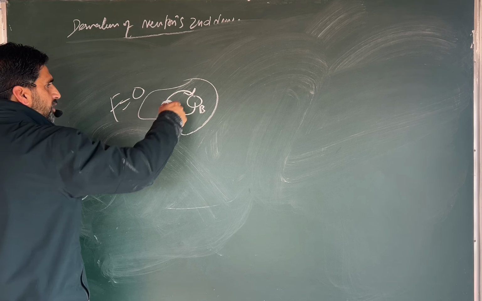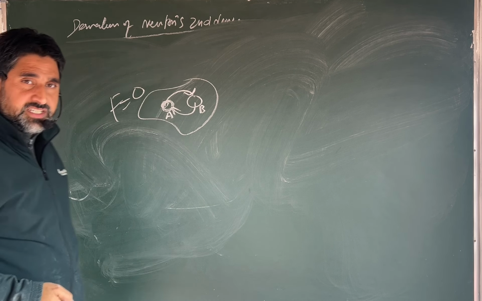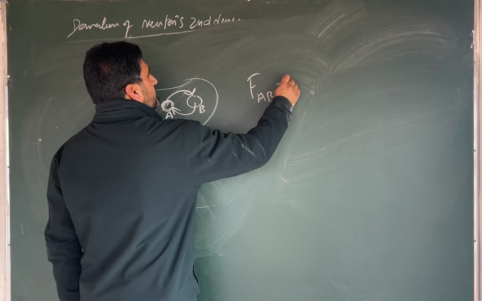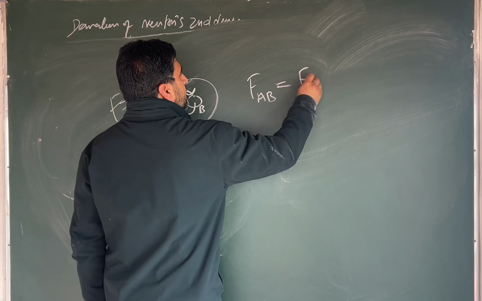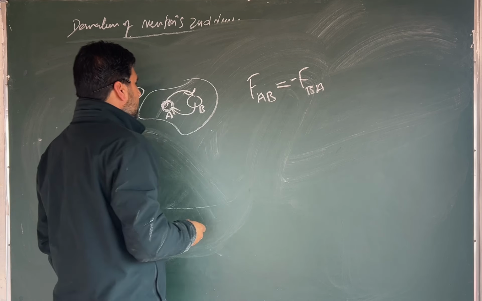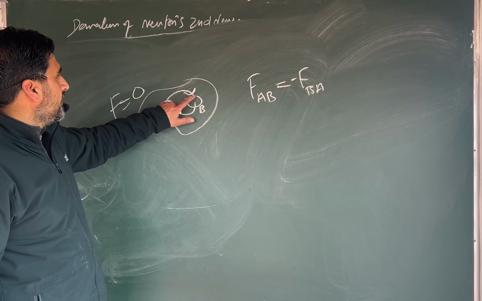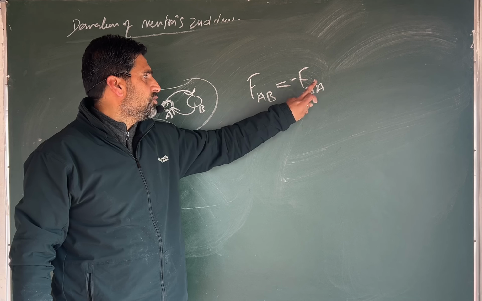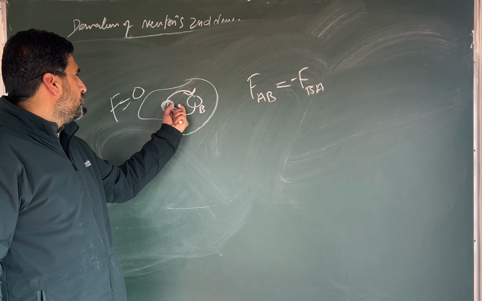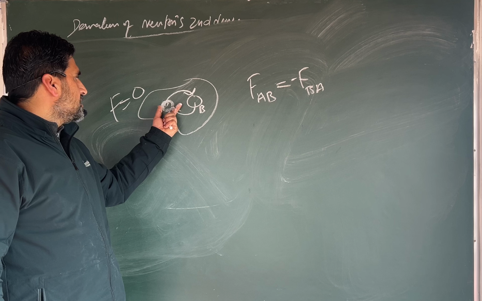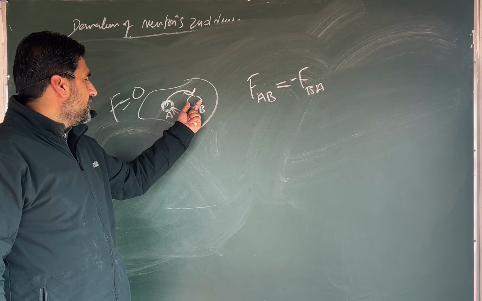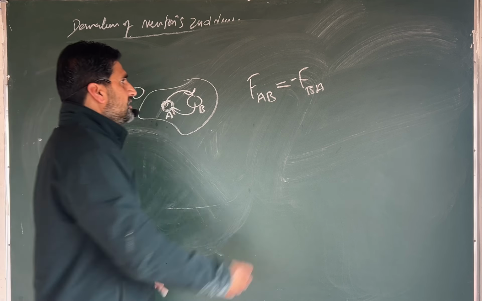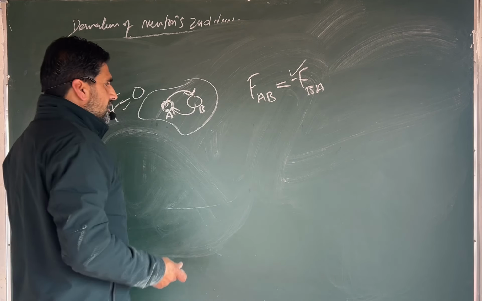The two bodies are applying force on each other, that is FAB and FBA, but in opposite directions. FAB is the force on object A due to body B, and FBA is the force on object B due to body A. One body applies a force on the other, and the other applies the same force in the opposite direction.